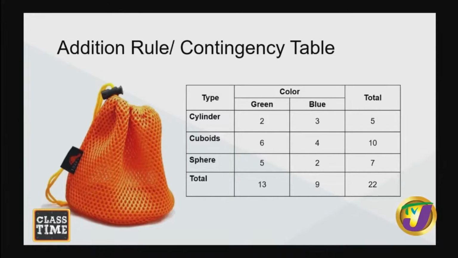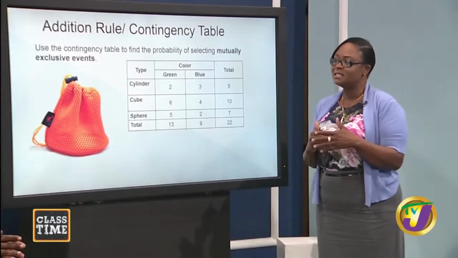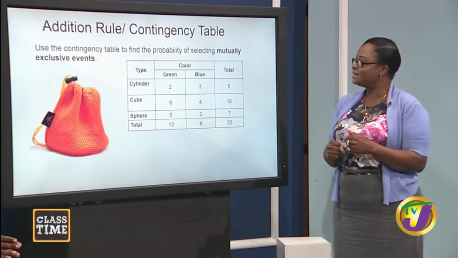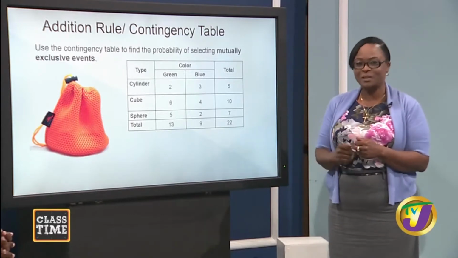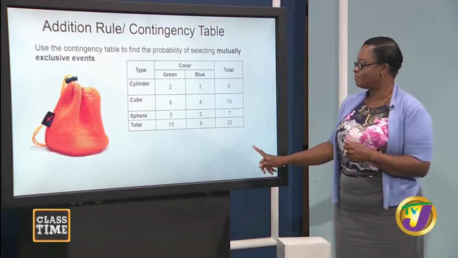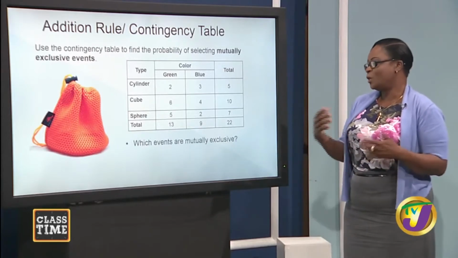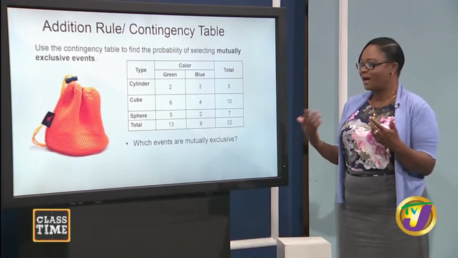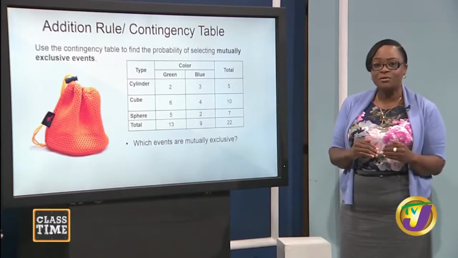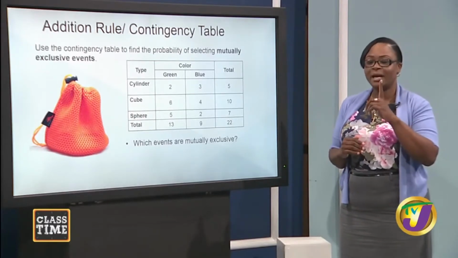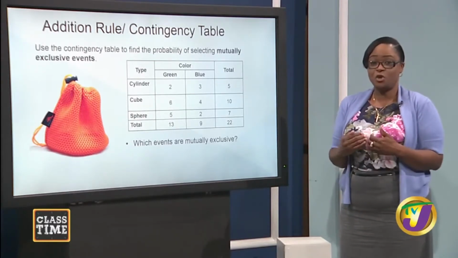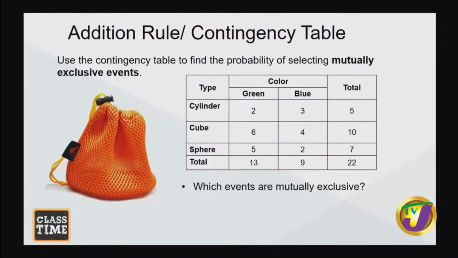Awesome. So now we will use the contingency table to select mutually exclusive events. First, which events are mutually exclusive? We went through those. Take a couple seconds. Can you say which events are mutually exclusive?